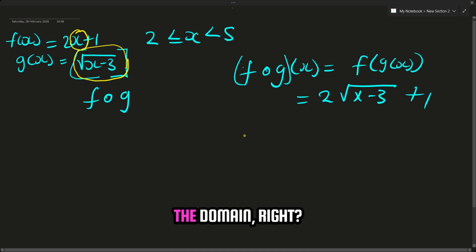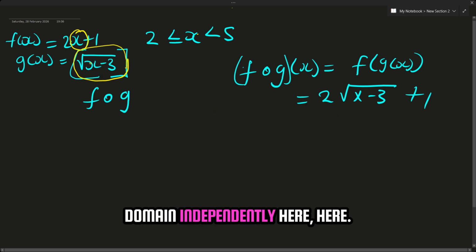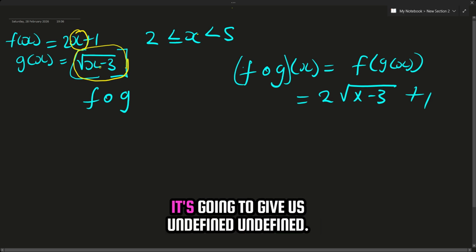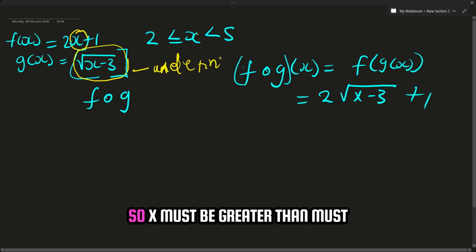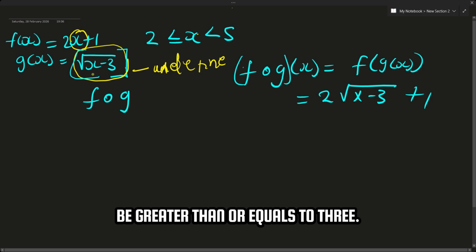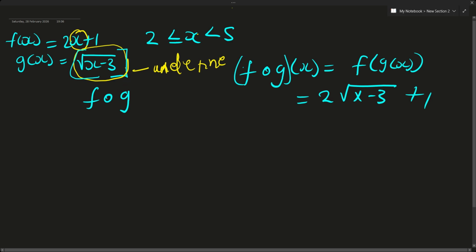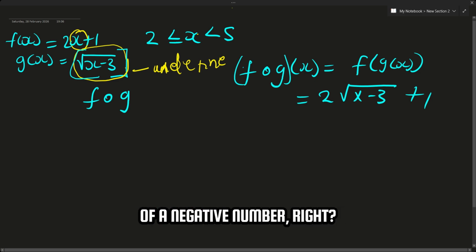So let's find the domain, right? So remember the domain. If you're going to find the domain independently here, that means x must be greater than or equal to 3, because we cannot have a square root of a negative number.